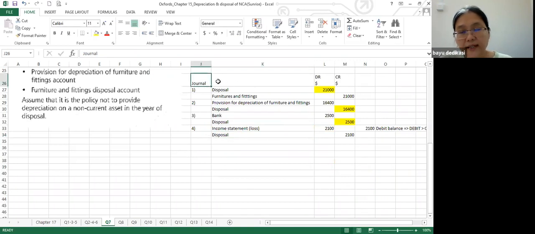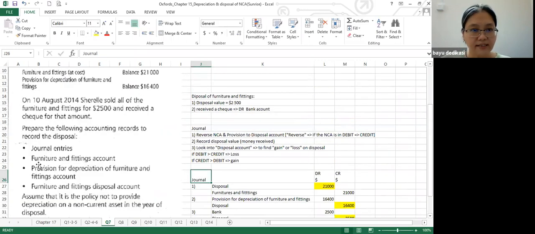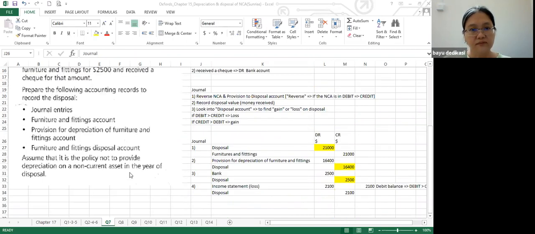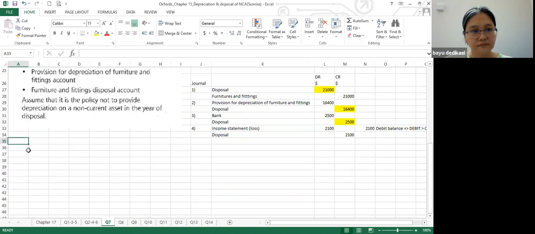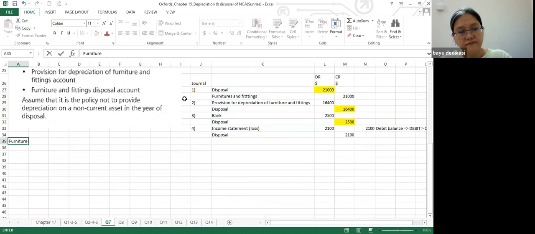Let's move on. The next one, they ask us to prepare the furniture and fitting account, provision account, and disposal account. Furniture and fitting account. Date.